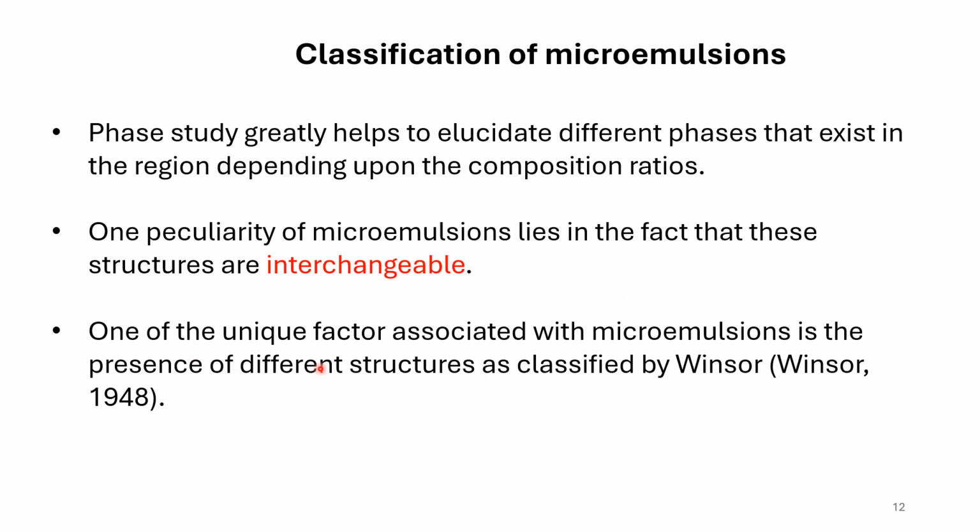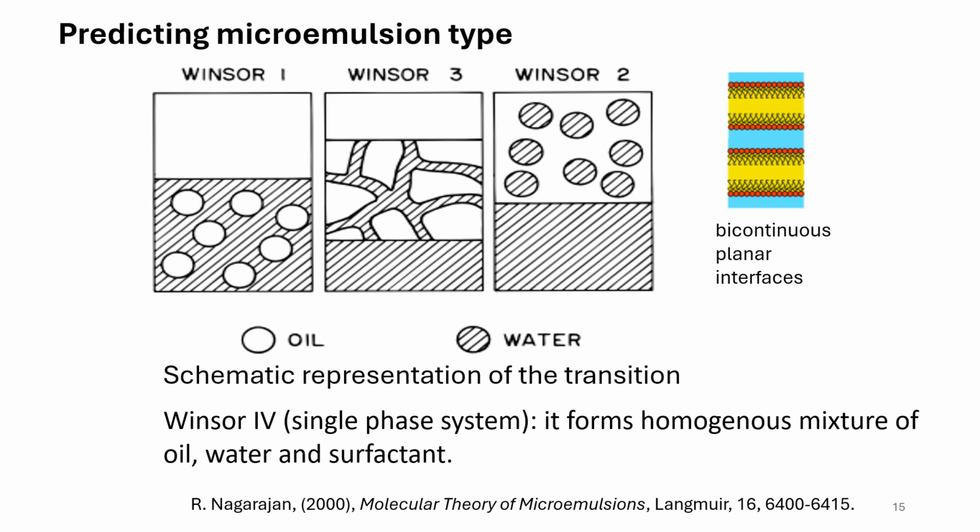One of the unique factors associated with the microemulsions is the different structures as classified by Windsor. There are 4 different types of microemulsions, which are Windsor 1, Windsor 2, Windsor 3, and Windsor 4.